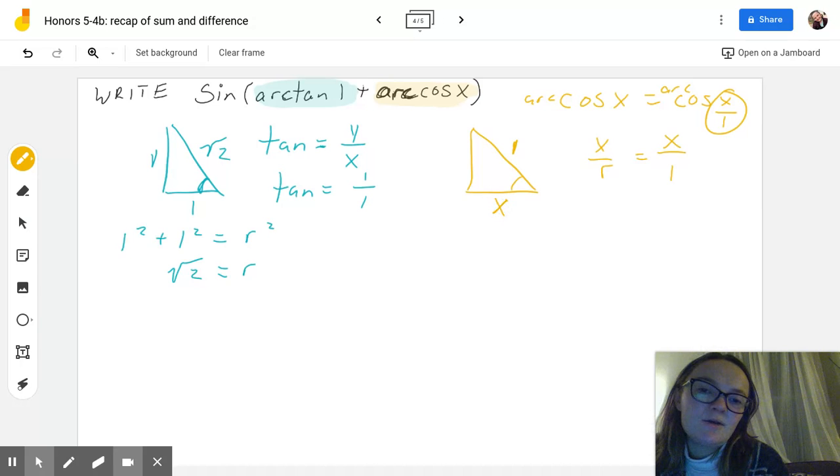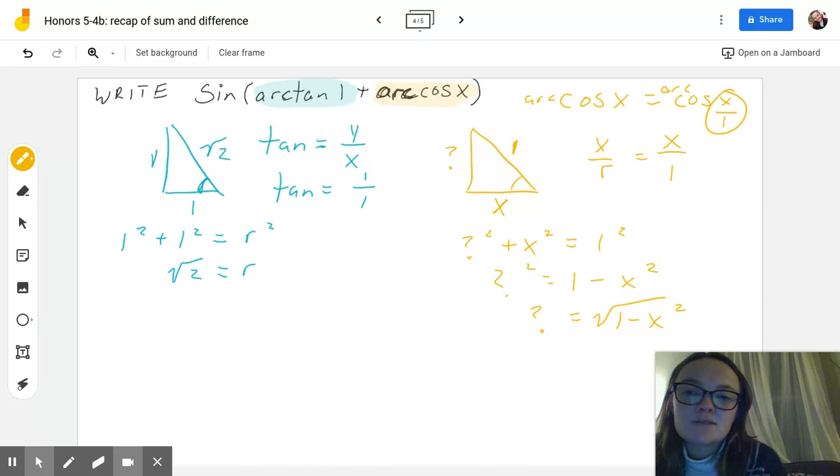So I want to know what's this other value here. If I say question mark squared plus x squared is equal to 1 squared, I'm going to solve for that question mark. Question mark squared is equal to 1 minus x squared. And so the question mark is equal to the square root of 1 minus x squared. And so the y value here, that opposite value, is equal to the square root of 1 minus x squared.